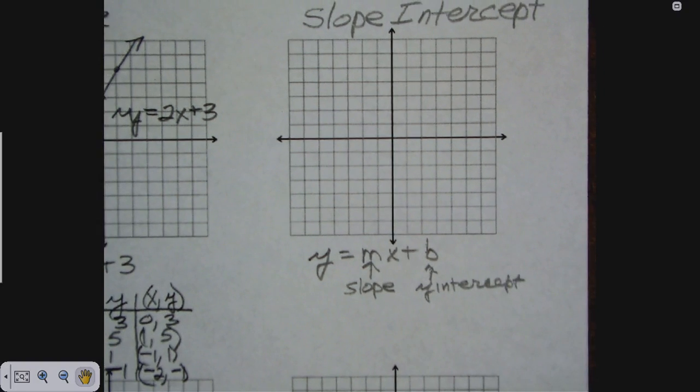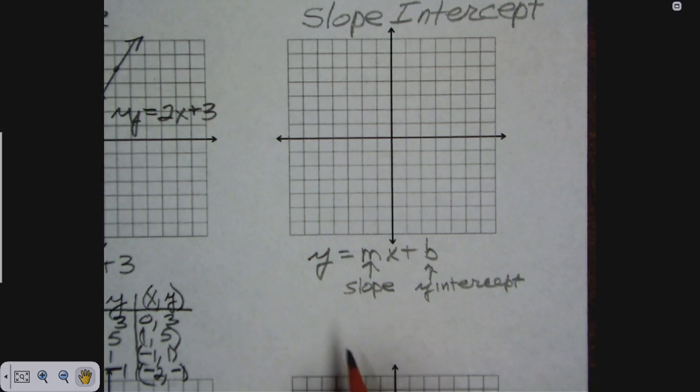And that's simply where it crosses the y-axis. And we've talked a lot about slope and so forth.